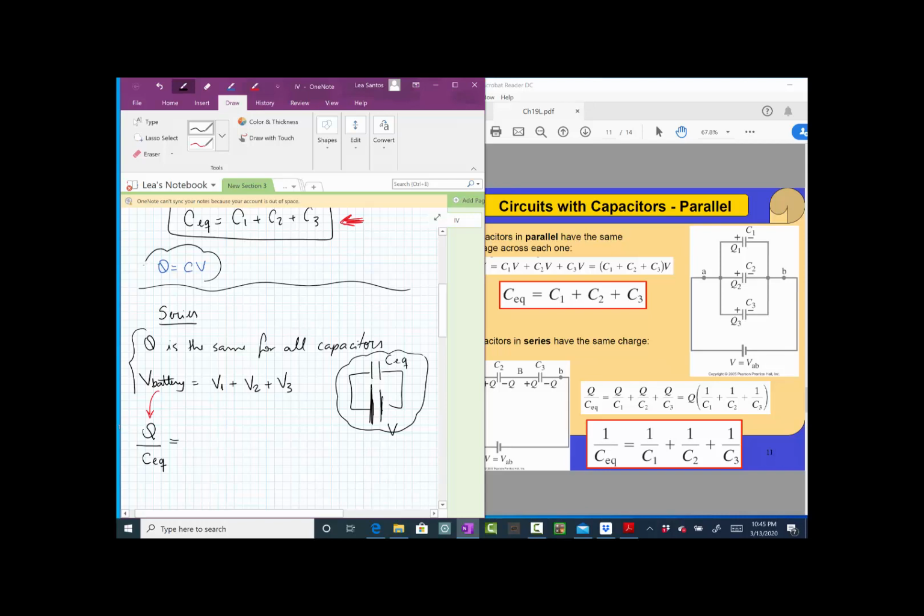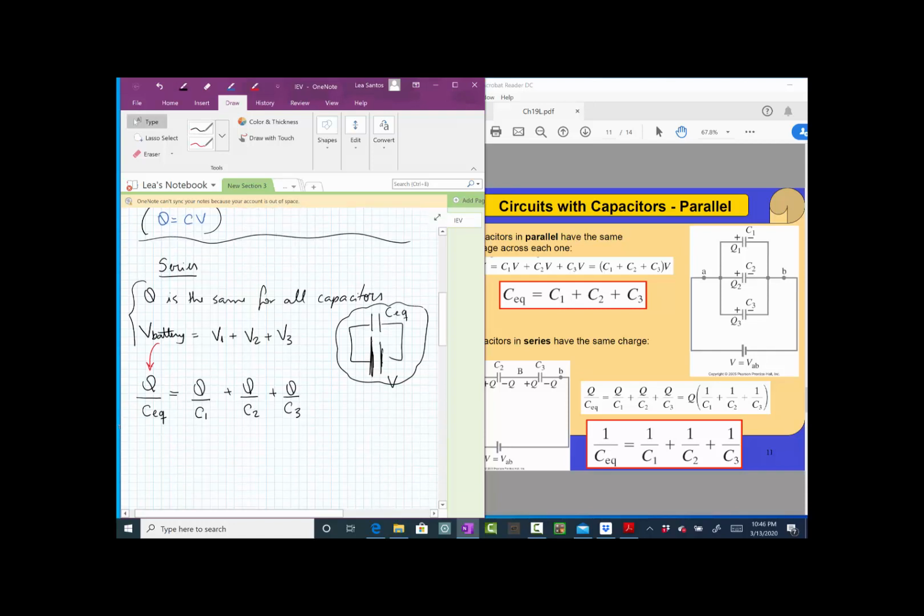V1, using this equation, is going to be Q, because we said Q is the same for all of the capacitors, so Q divided by C1. What is V2? Q, again the same Q everywhere, divided by C2. What is V3? Q divided by C3.